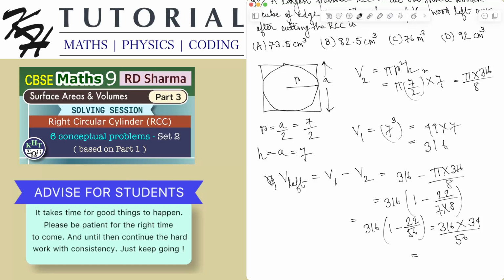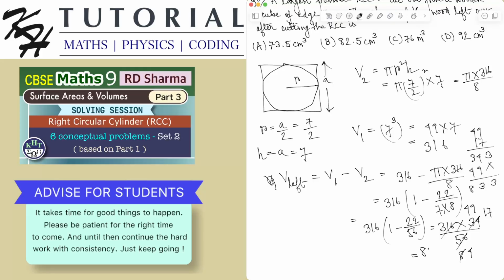Now what will be this? 49 multiplied by 17 is 833.